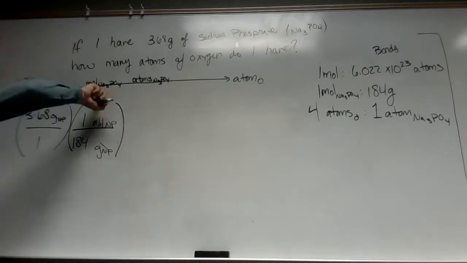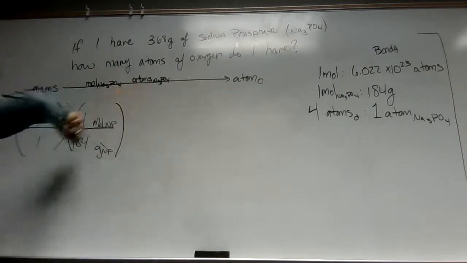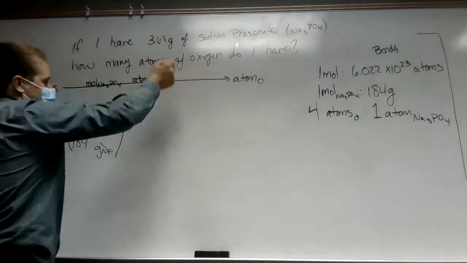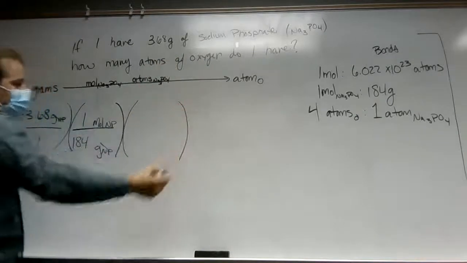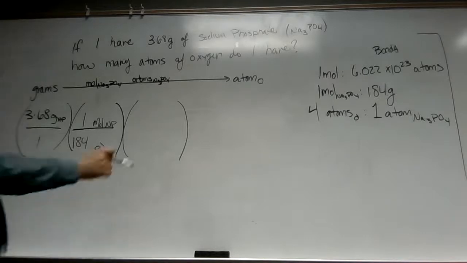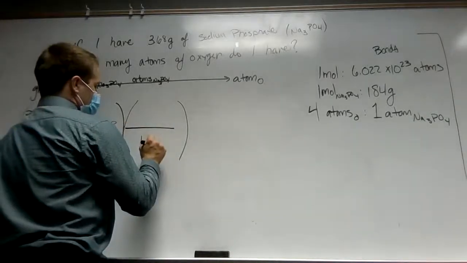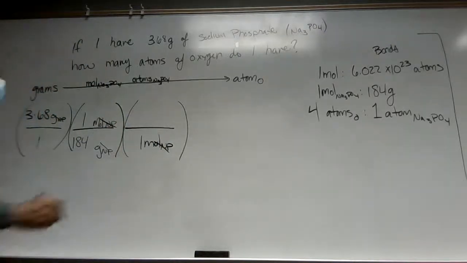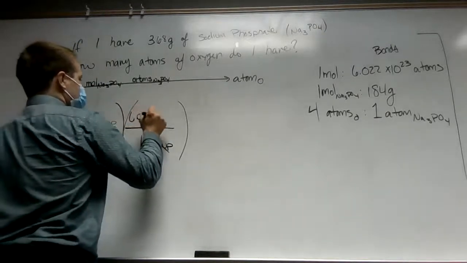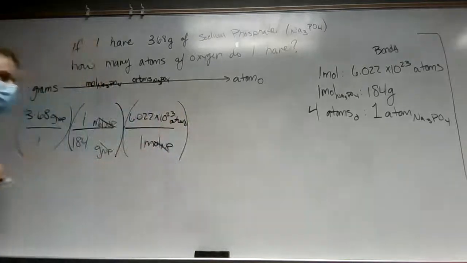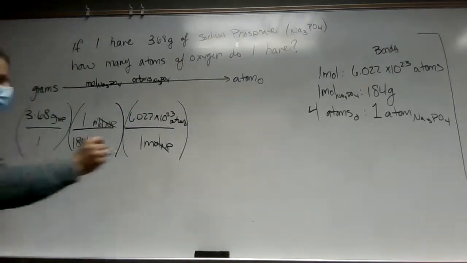Then we go from moles of sodium phosphate to atoms of sodium phosphate, and you'll find that we can do these steps interchangeably. Put 1 mole on the bottom. That cancels. We're going to go 6.022 times 10 to the 23rd atoms. That's atoms of sodium phosphate.